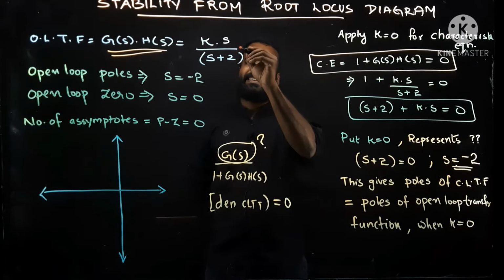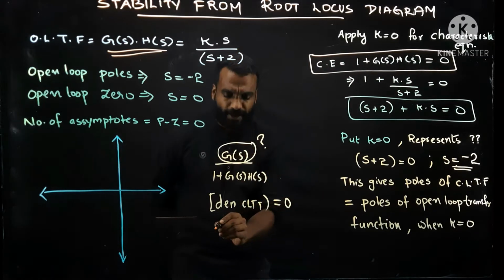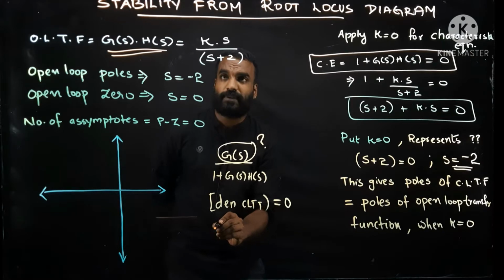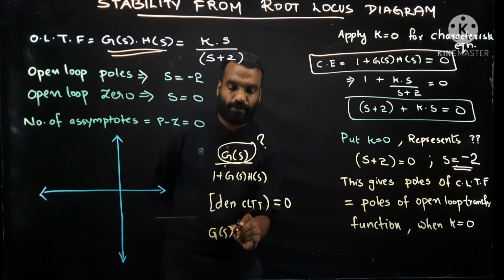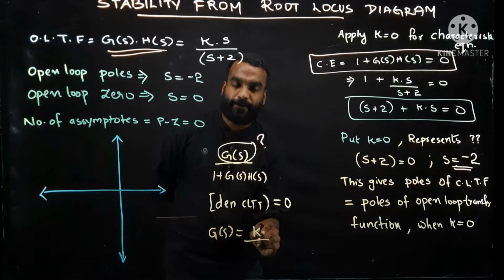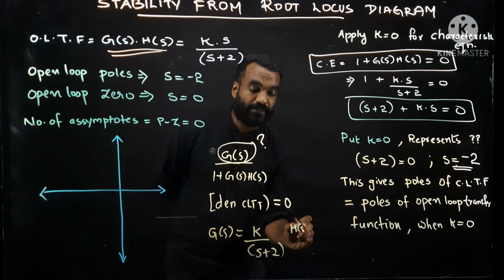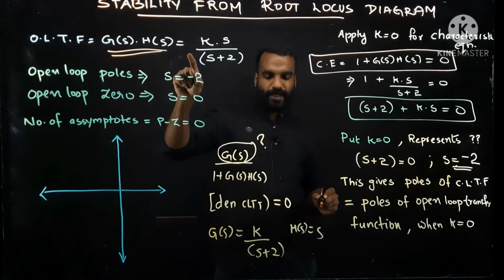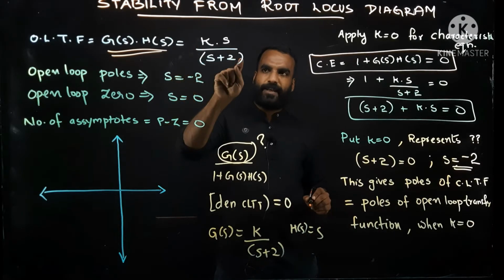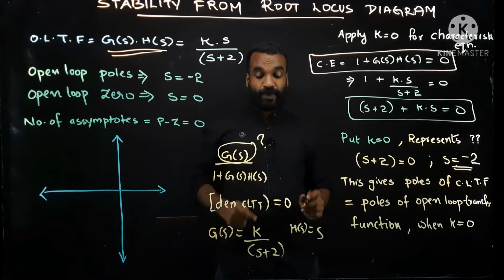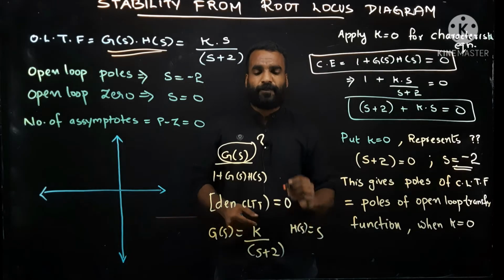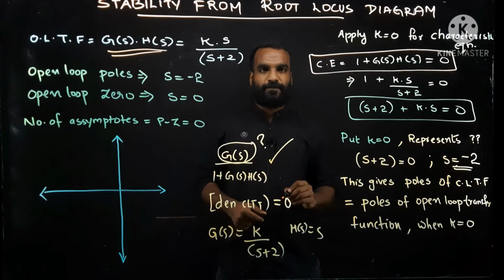Suppose in this G(s)H(s), assume that G(s) is equal to K by (s plus 2) and H(s) is equal to s. Then G(s)H(s) is equal to K into s by (s plus 2). If this split up is given, you can use the first method.